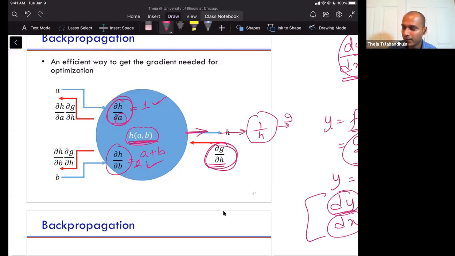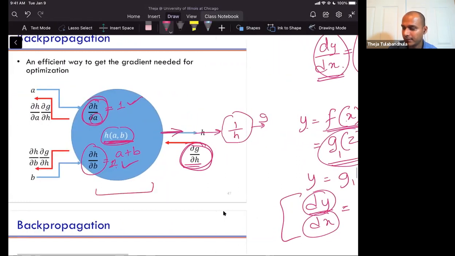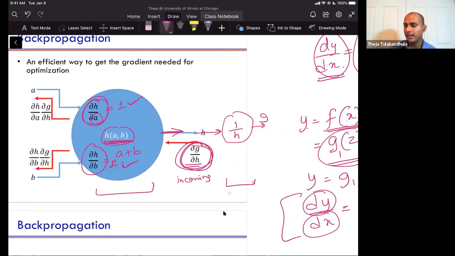So this node will pass on to its predecessor. This is the predecessor, and this is the downstream node. It will pass on an incoming gradient. If I'm the h node, I just need to be in the denominator here.